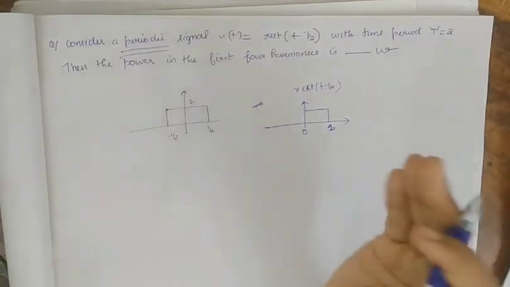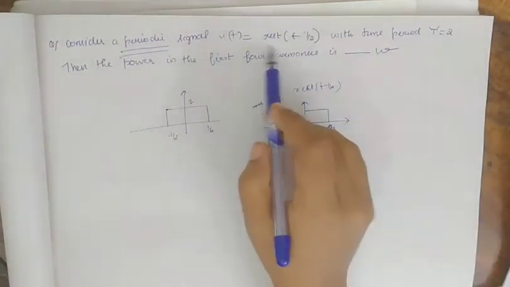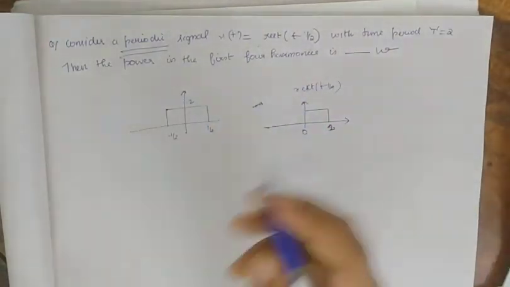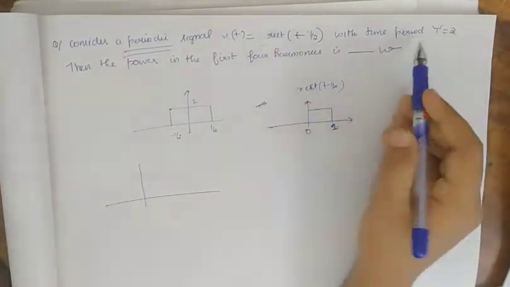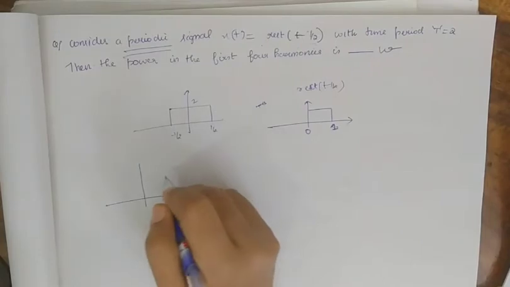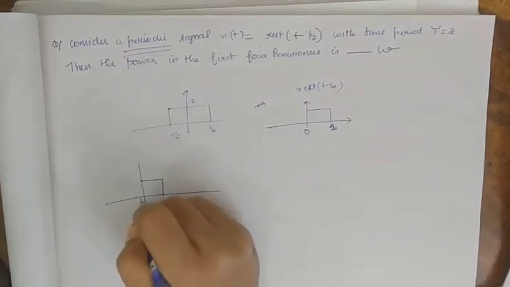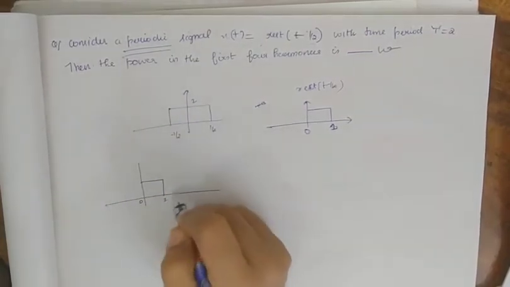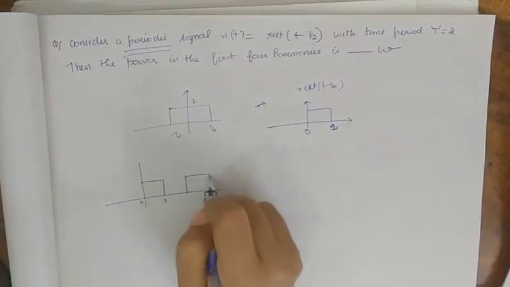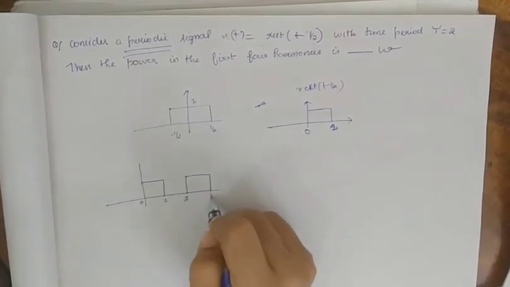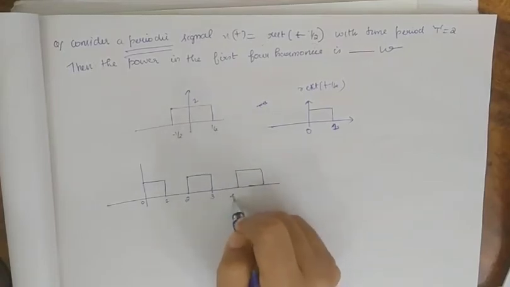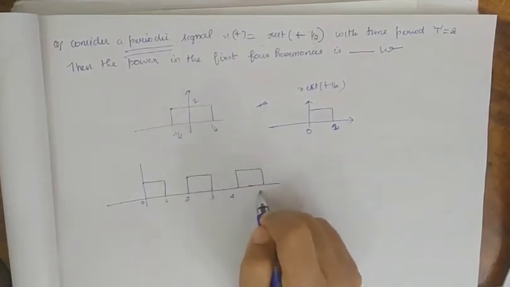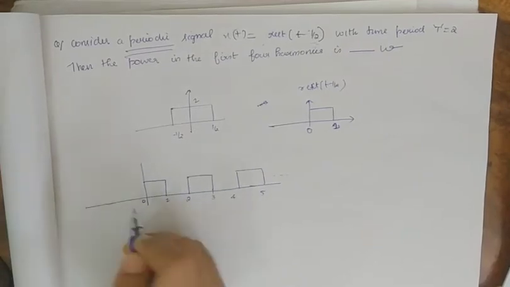And now in the question it is given that it is a periodic signal. Okay, periodic signal, so this will repeat itself after 2. Okay, so 0 to 1, and the next one will be coming at 2 to 3, again 4 to 5 and so on, because it is periodic.